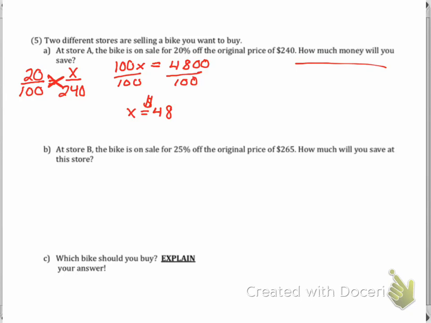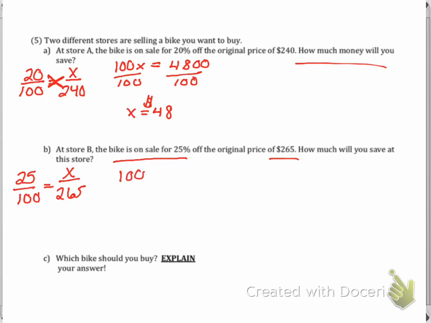So in part B, it says, well, at another store, the same bike is on sale for 25% off the original price, but the original price is a little higher at $265. So let's see, what is 25% of $265? Okay, so 25 over 100 equals x over 265.